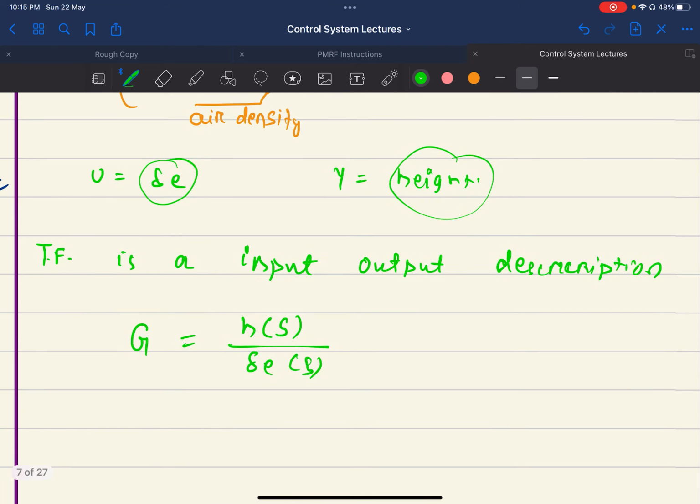I'm just using the short notation of an LTI system is defined as the Laplace transform of the output over the input.